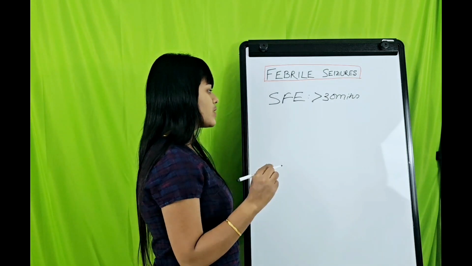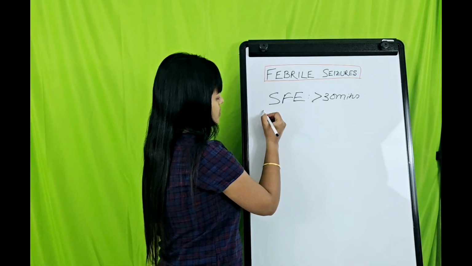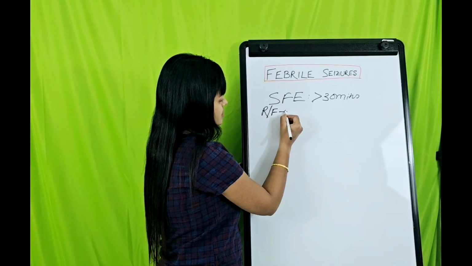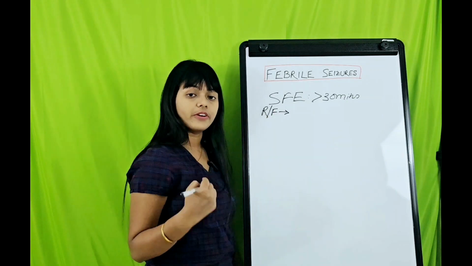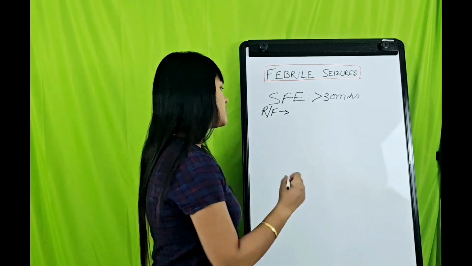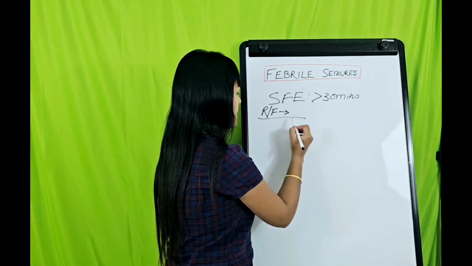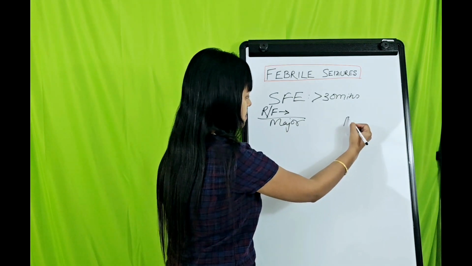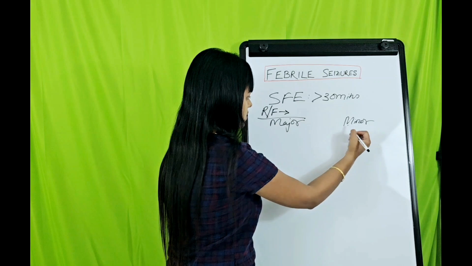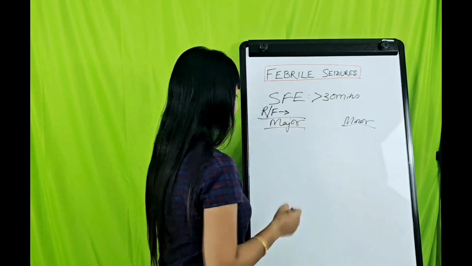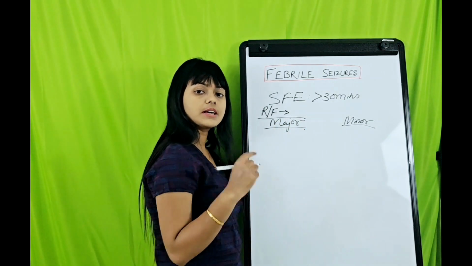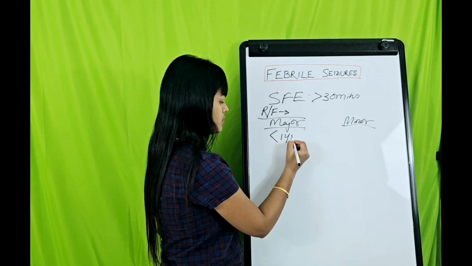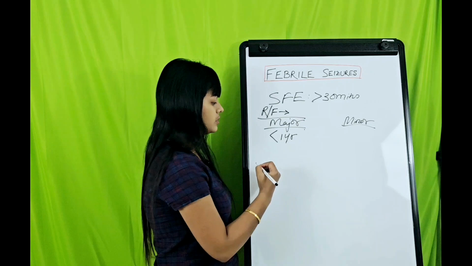So next, moving on to a viva question, that is, what are the risk factors for recurrence of febrile seizure? Okay, so there are few major as well as minor risk factors, okay. So what are the major risk factors? If the age of the child is below 1 year, clear.